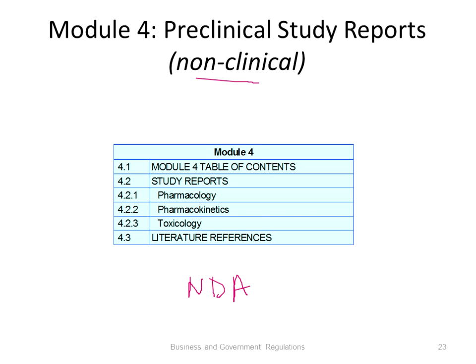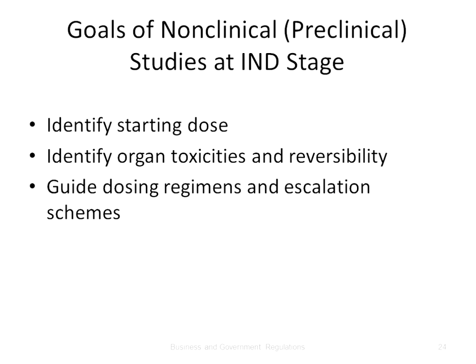So they have already reviewed the details of your animal studies. So here, we are only providing summary reports. So you don't have to provide individual animal data, right? So that's Module 4.